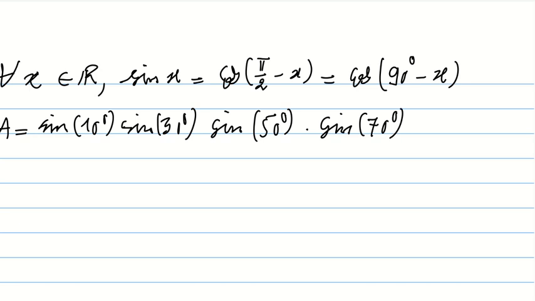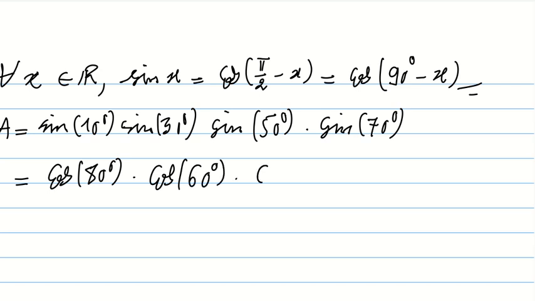Using this formula, we get that a equals cosine 80 degrees multiplied by cosine 60 degrees multiplied by cosine 40 degrees multiplied by cosine 20 degrees.